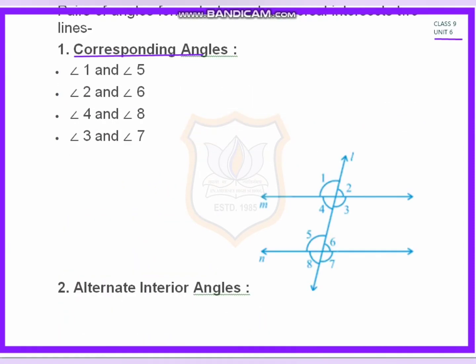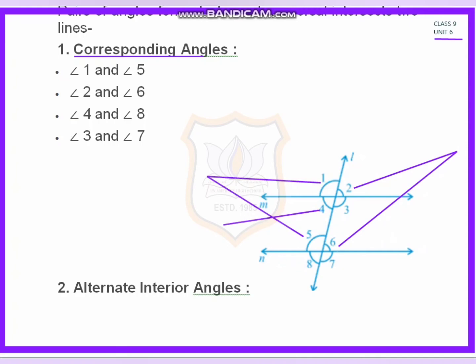First we will learn about corresponding angles. Angle 1 and angle 5 are corresponding angles. Angle 2 and angle 6 are corresponding angles. In the same way, angles 4 and 8 are also corresponding angles, and angles 3 and 7 also form corresponding angles.